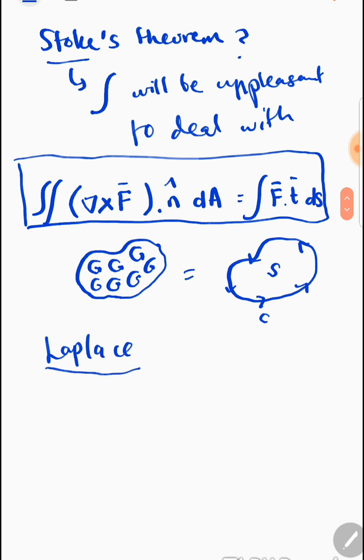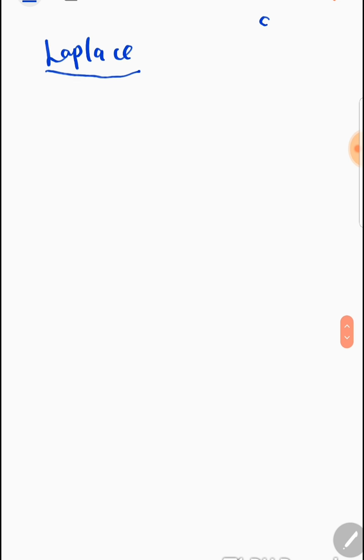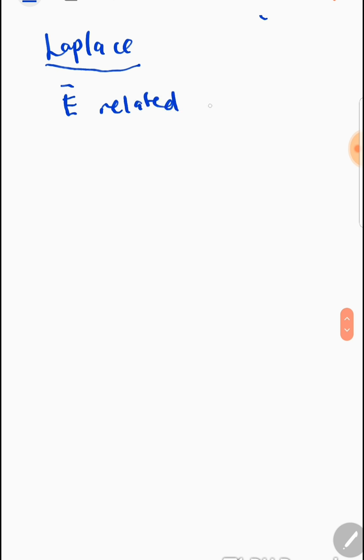You will see that Laplace is quite similar to something we call the Poisson equation. So I'll scroll this up a little bit. Let's talk a little bit about Laplace. We know that the electric field E is related to rho, our charge density, by the divergence theorem.